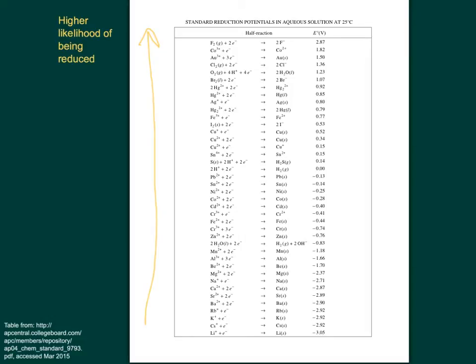That also means that the things at the top of the table are better oxidizing agents, because they're much better off at gaining electrons and therefore taking electrons away from other things and oxidizing them.